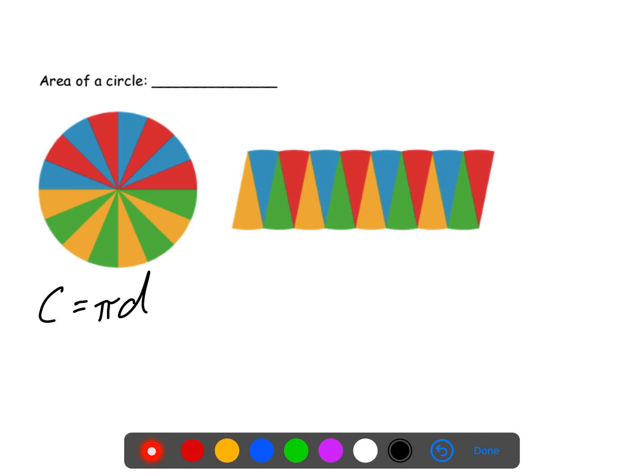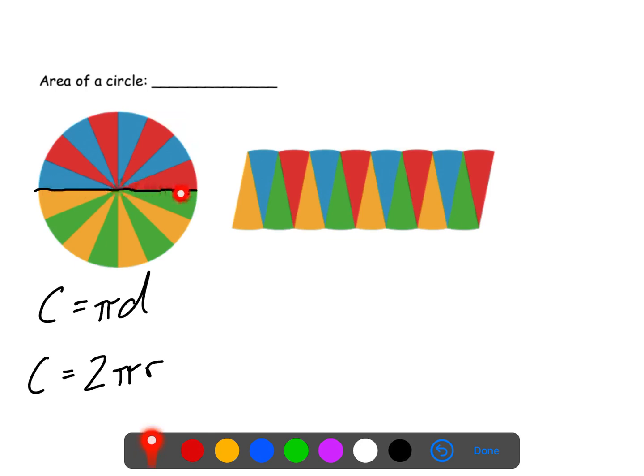Now, another way to do that, and a way that we didn't talk often about, but I think it'll make sense when I show you, is that we can also find the circumference of a circle if we take 2 pi times radius. Now, think about that for just a second. So we would always find the diameter of the circle. Remember, that's the distance across the circle here, from one edge to the other through the center point.